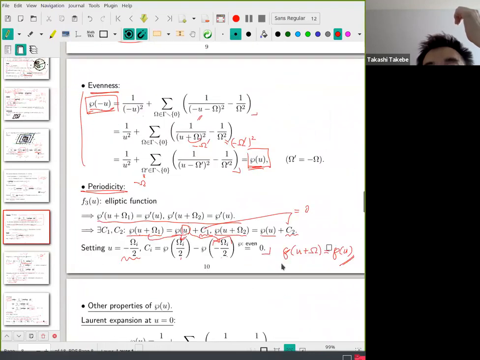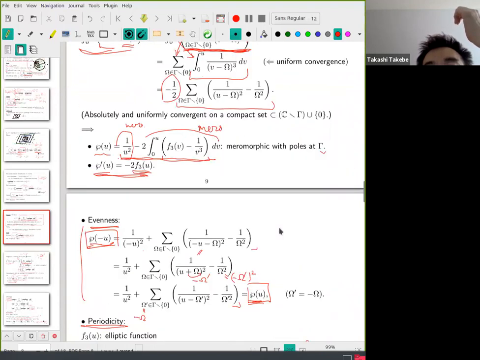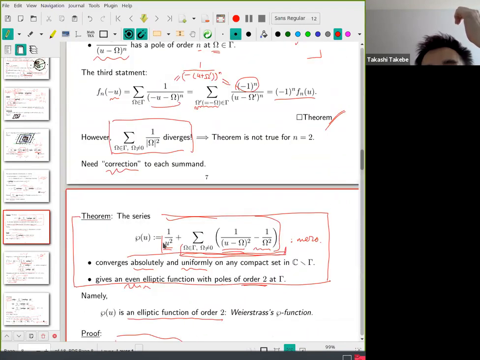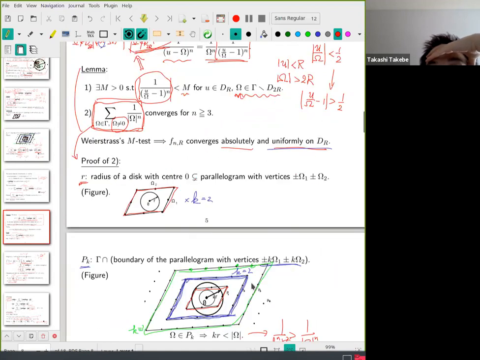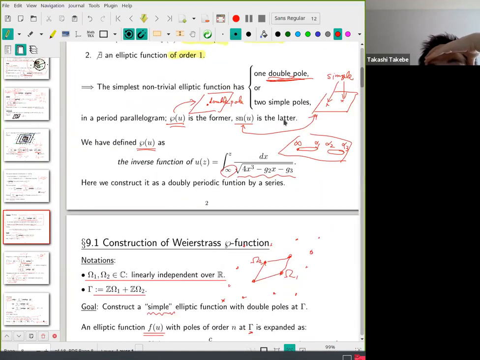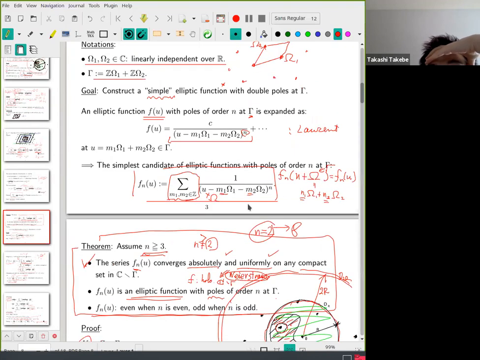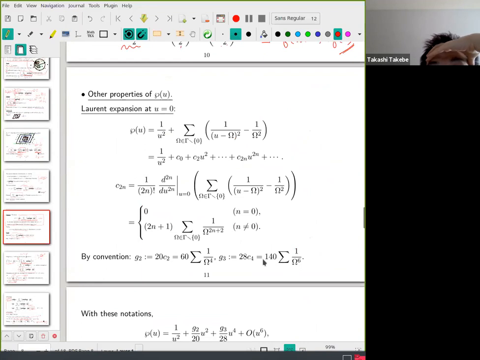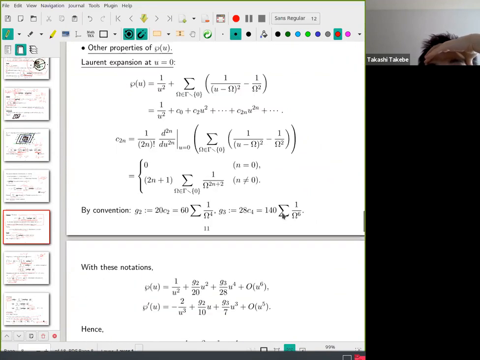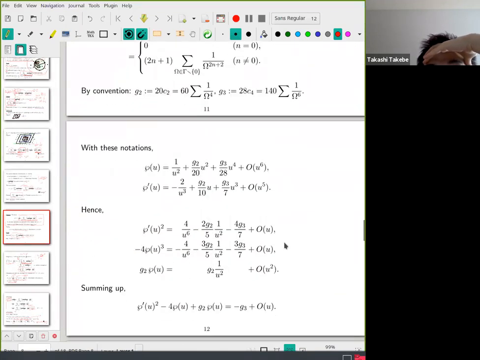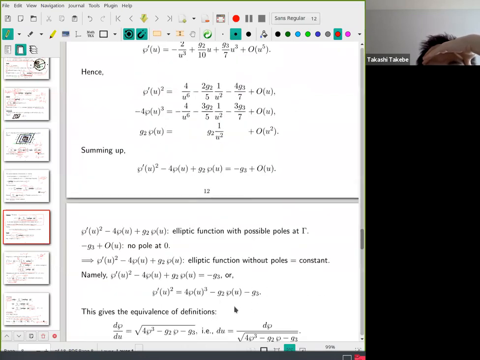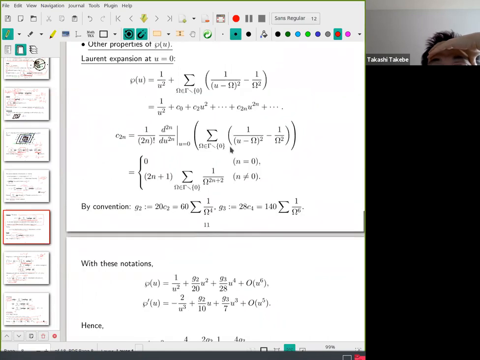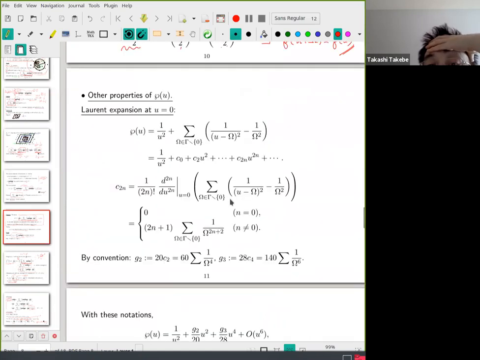So, the construction or series expansion is not very beautiful or simple, but it doesn't matter. What is more important is a differential equation which the P function satisfies.